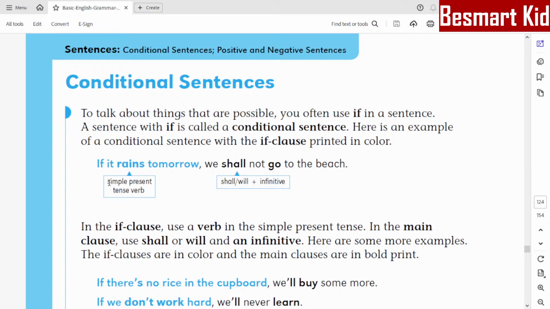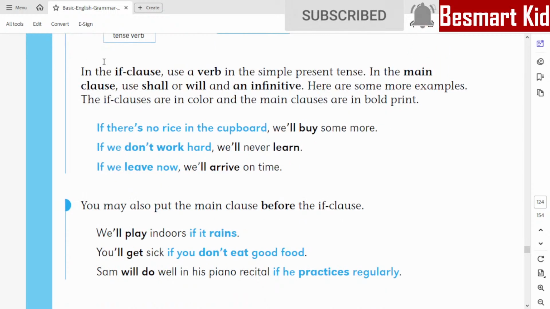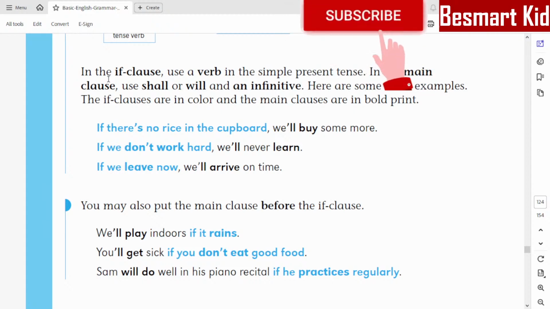Here we have the simple present tense verb, and here shall, which is shall or will plus the infinitive go. In the if clause, use a verb in the simple present tense.